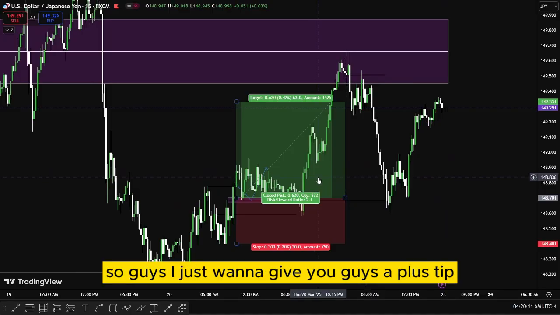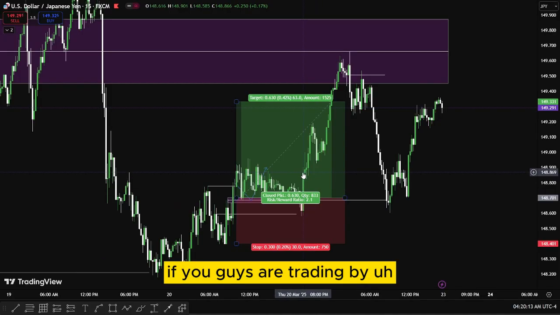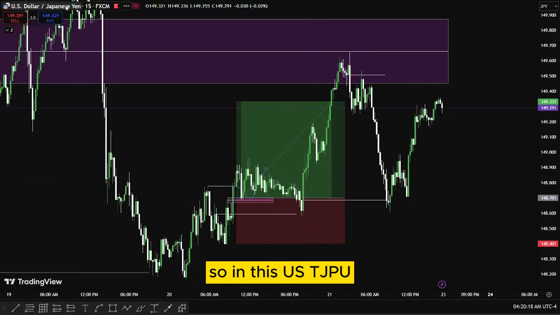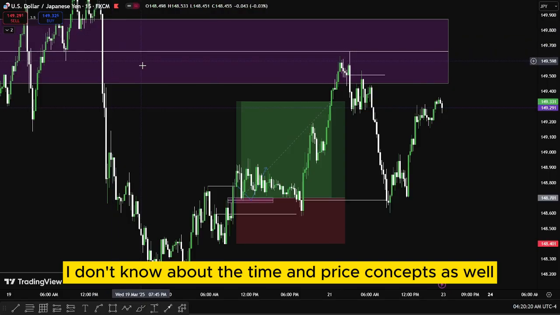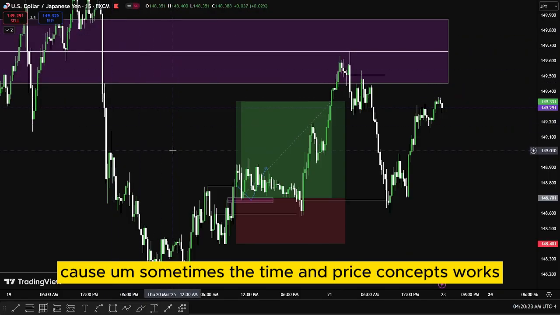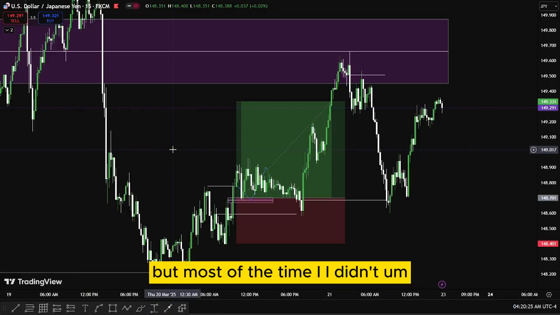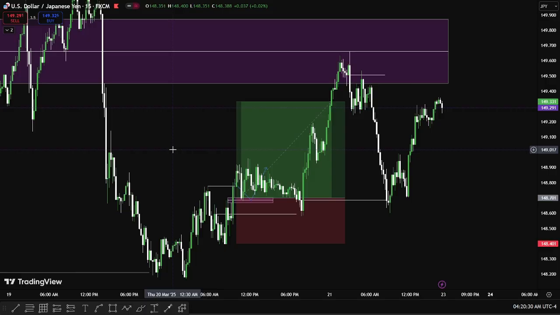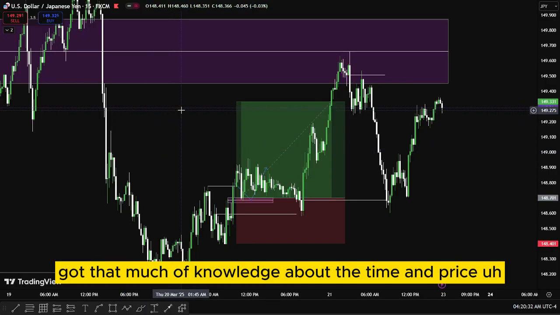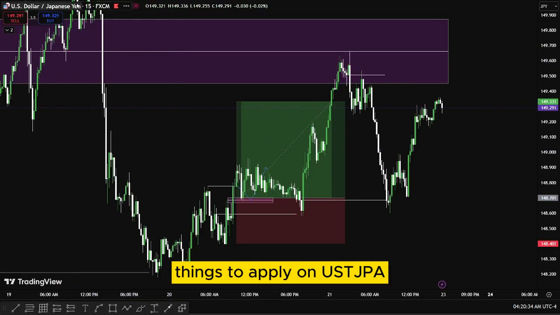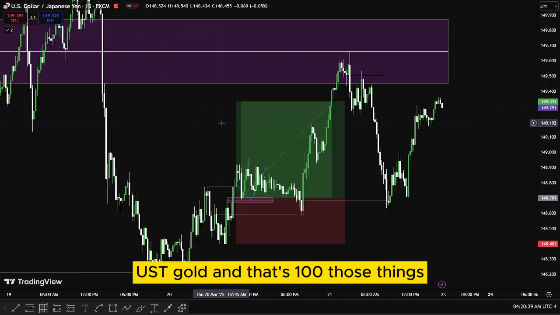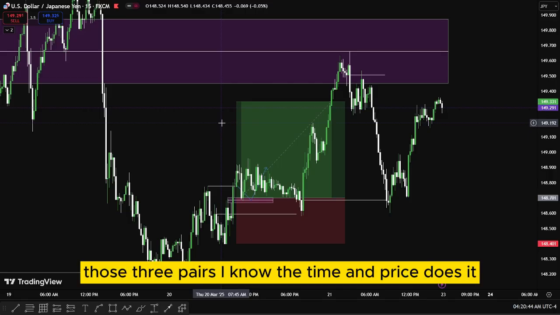Guys, I just want to give you a plus tip. If you guys are trading by looking at time and price, in this USD JPY, I don't have that much knowledge about time and price concepts to apply on USD JPY, because sometimes they work, but most of the time they don't. But for AUD USD, gold and NAS 100, those three pairs, I know the time and price concept.